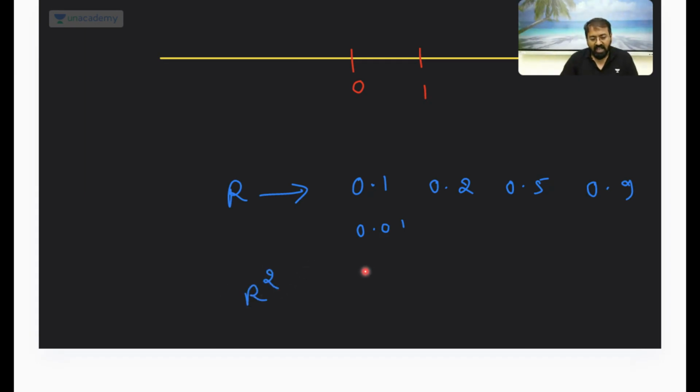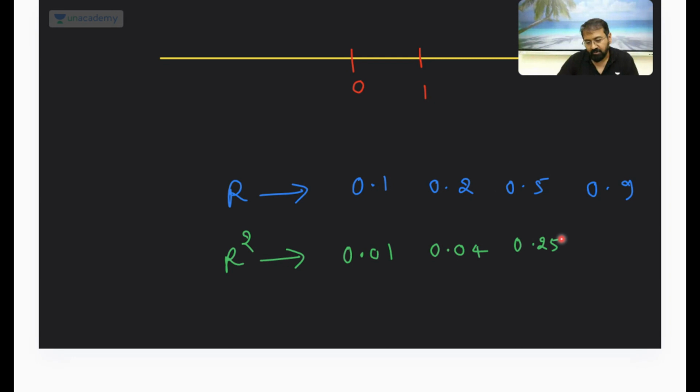Let me write it over here. Do you all agree, guys? r square will be: 0.1 square is 0.01, 0.2 square is 0.04, 0.5 square is 0.25, and this is 0.81.